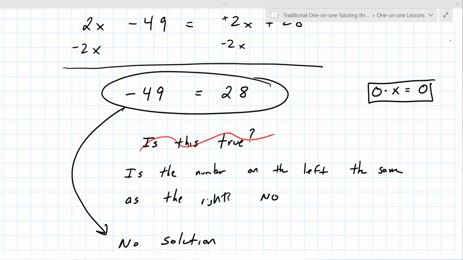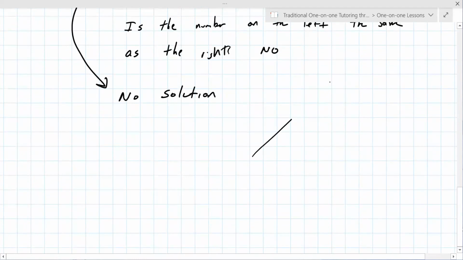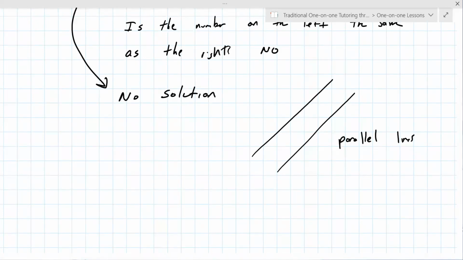Do you recall what kind of lines have no solution? Parallel. Parallel lines have no solution. Okay.